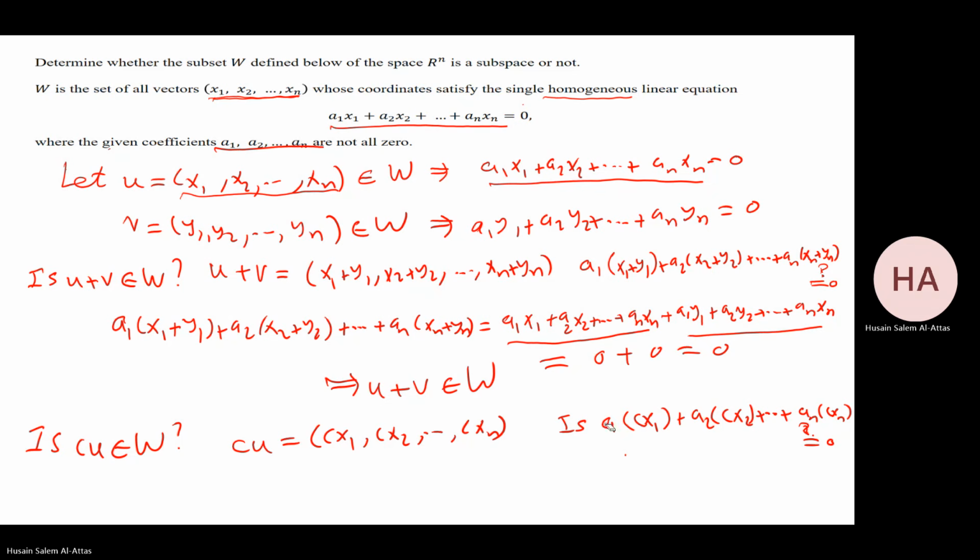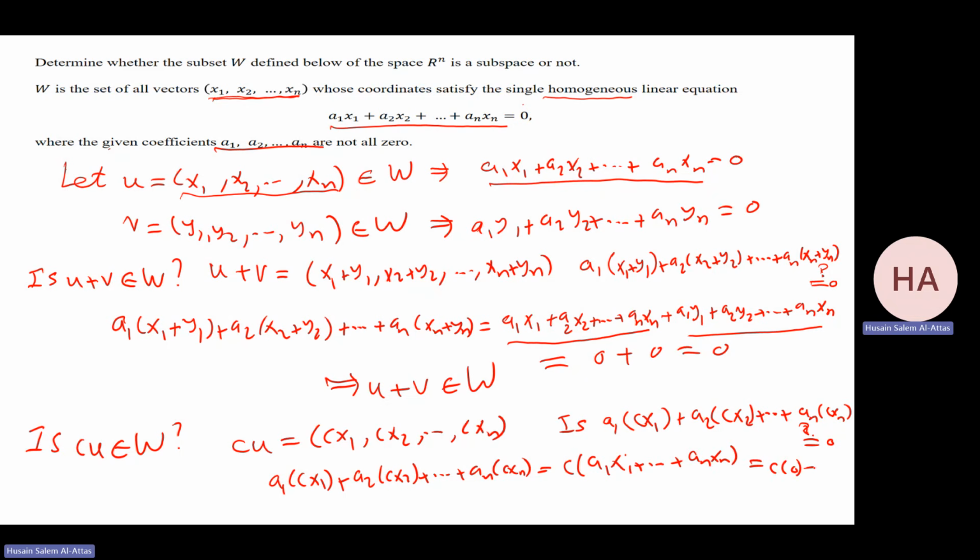If you notice, I can take C as a common factor. The remaining is this, which I know is 0. So I have C times 0, which is 0. So that means Cu belongs to W. That means W is a subspace.